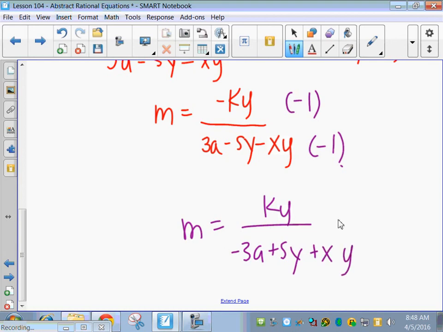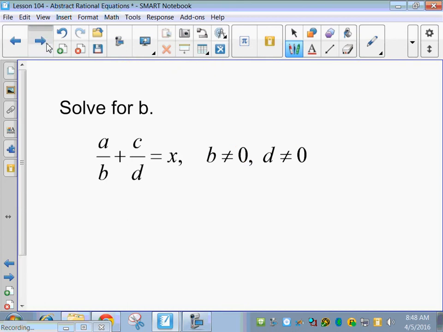So if it changes everything exactly opposite, every single term would be opposite, okay? That means you got it right. So when you're checking, if it's the same thing where everything is multiplied by a negative, then you still did it correct, all right?